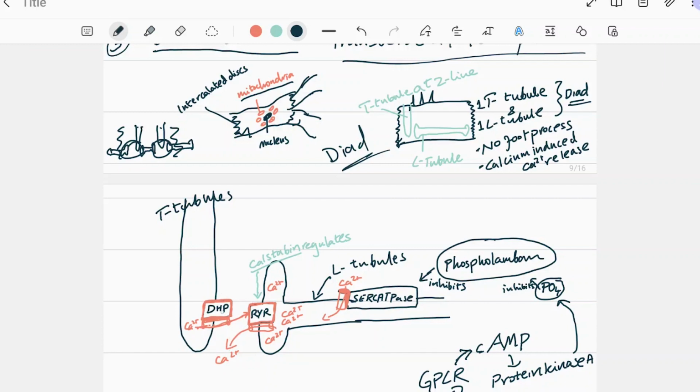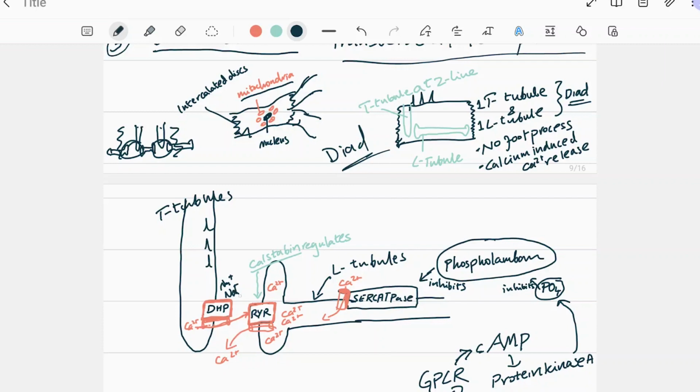So this dihydropyridine receptor is sensitive to the positivity that's coming in the action potential that has come down over here. Cations are coming inside over here, so most likely sodium during phase 0 of the cardiac action potential. We'll talk about that.